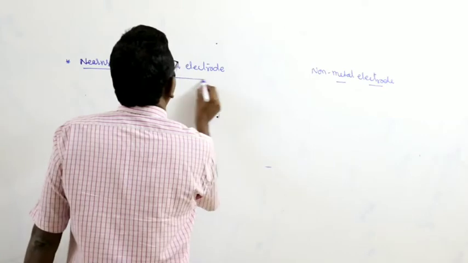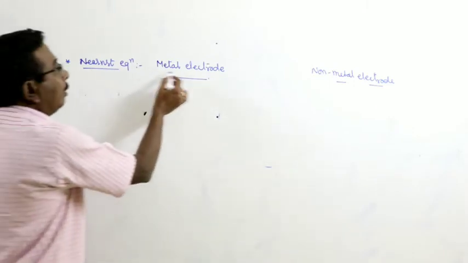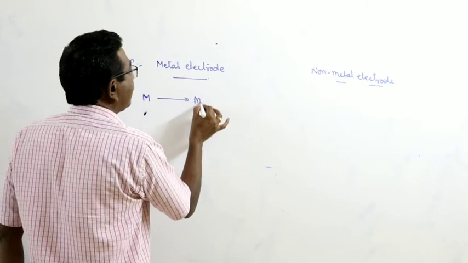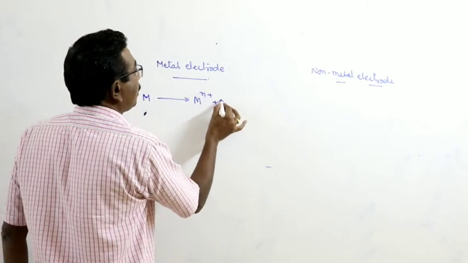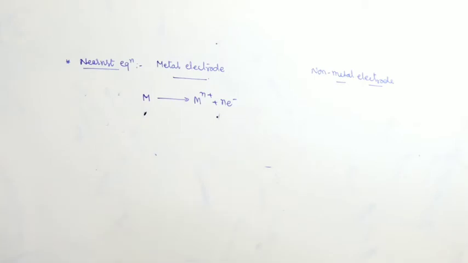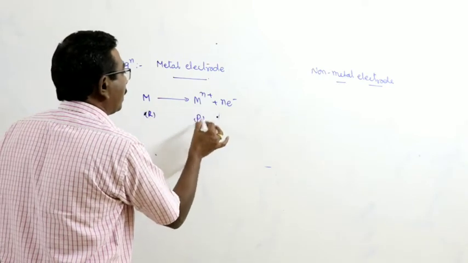Metal electrode: let us say M loses electrons, giving M^n+ plus n moles of electrons. This is the reactant and this is the product.